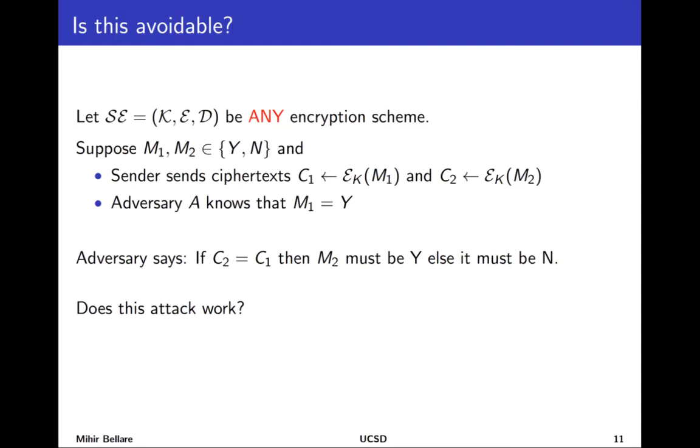The attack is in some sense correct, but only under a certain assumption: that the encryption algorithm is deterministic. Whenever you have an encryption algorithm that, once you fix the key and message, returns a unique ciphertext, this attack does work. But what that tells us is not that it's impossible to get better security, but that we need to move beyond determinism and come up with methods of encryption that are randomized and allow us to circumvent this.